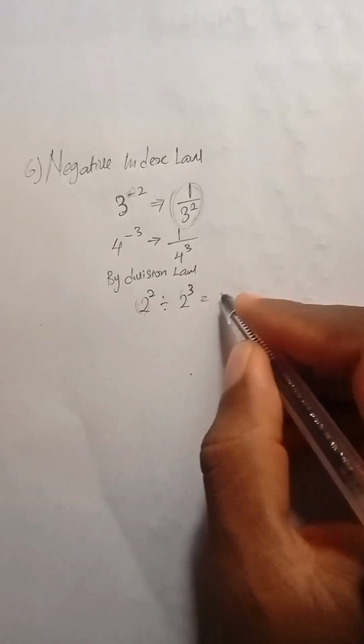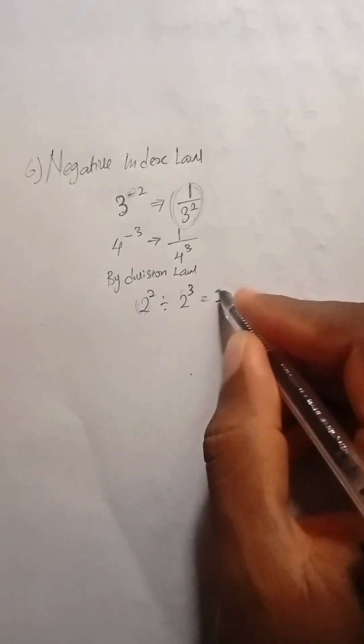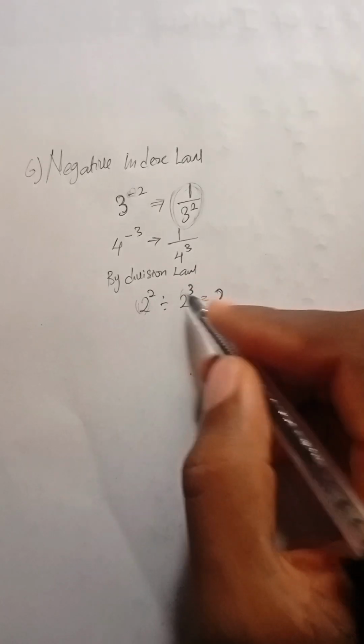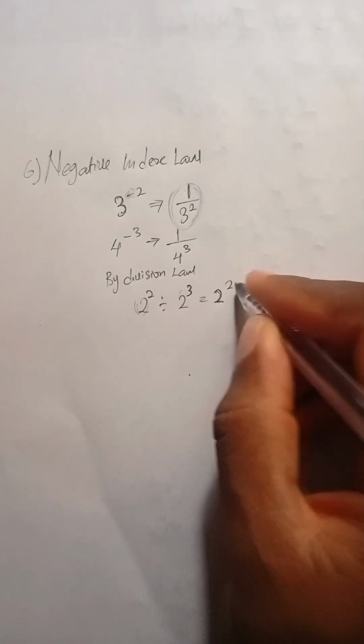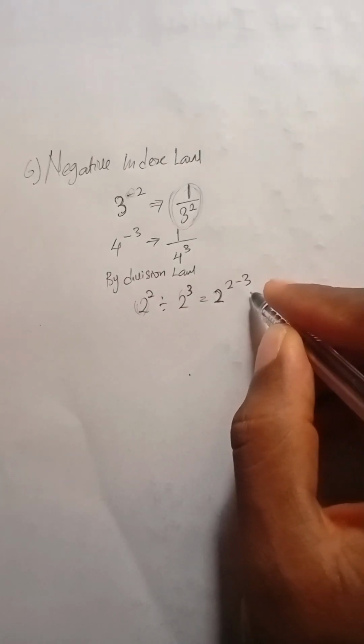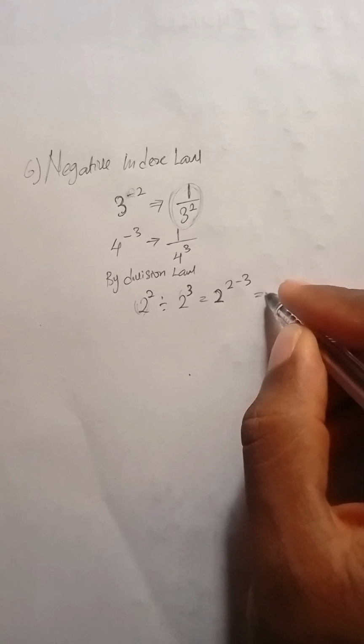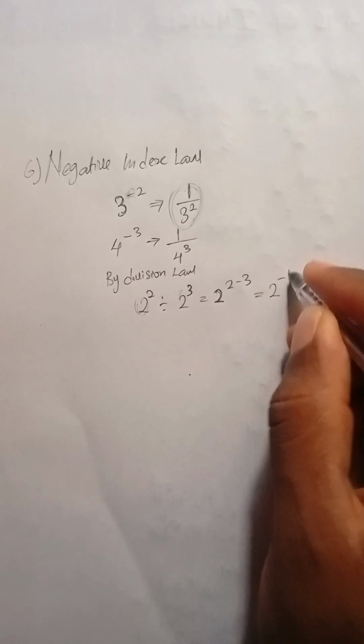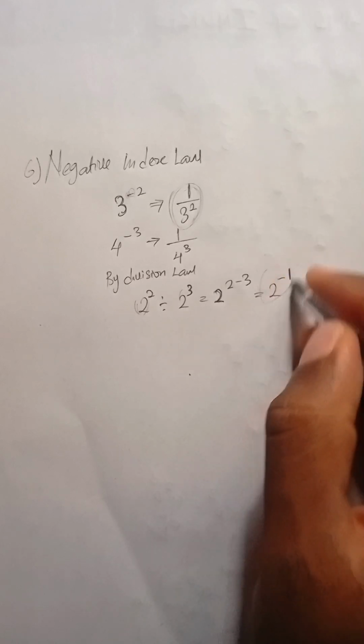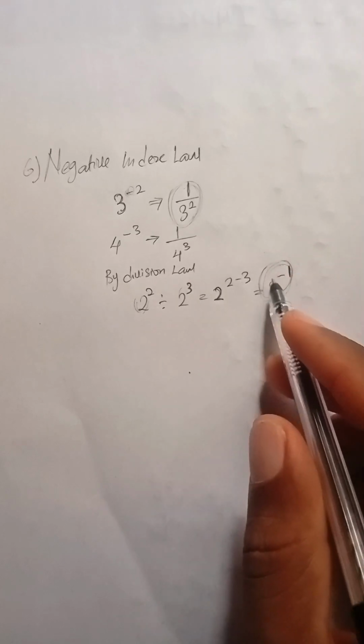So here we have a single base, and the powers are subtracted. So 2 minus 3 will give us 2 raised to the power of minus 1. So now we get a negative index.